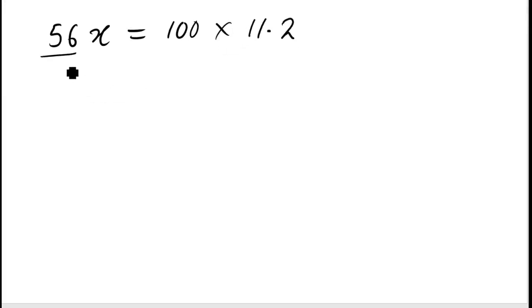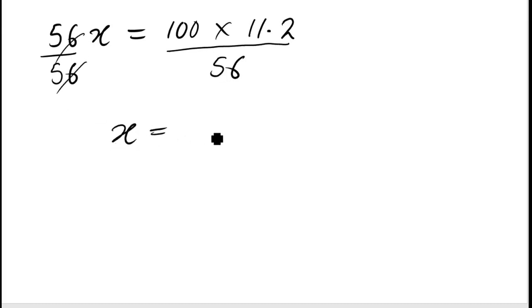And then you divide both sides by 56, so that your value of x is going to be 100 times 11.2 divided by 56. Okay, using a calculator, we say 100 multiplied by 11.2 divided by 56. The answer is giving us 20 grams.